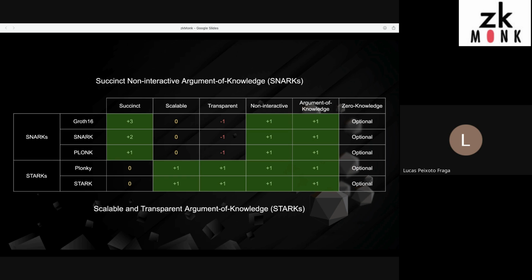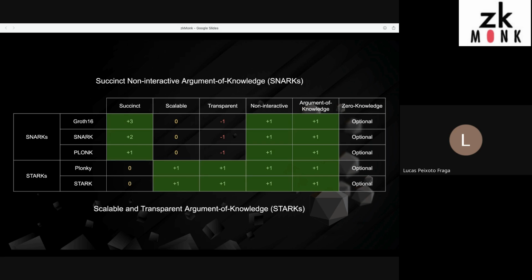In a lot of ways, it is almost the same as STARKs, so we can say that it came from them, but actually PLONK arrived later. So yeah, it's in the middle between these two classes. And finally, I'll explain STARKs.